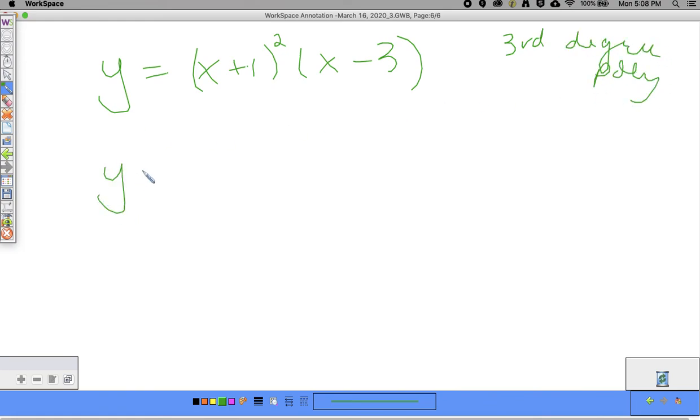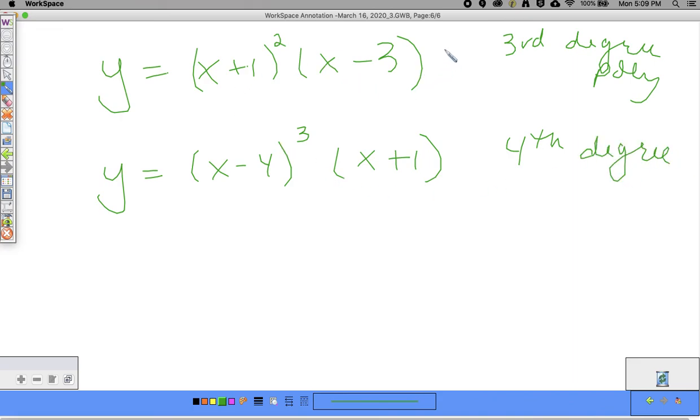If, for example, you have y is equal to x minus 4 cubed times x plus 1, right? This is x cubed and another x gives you x to the fourth, so this should be a fourth degree poly, okay?